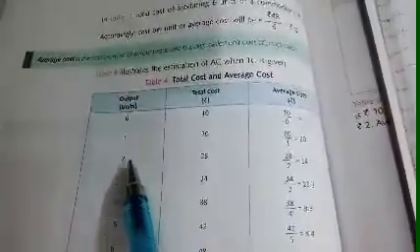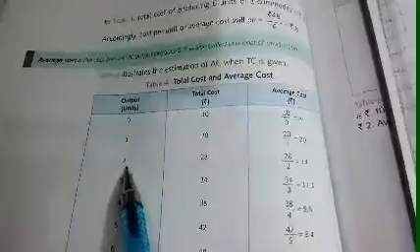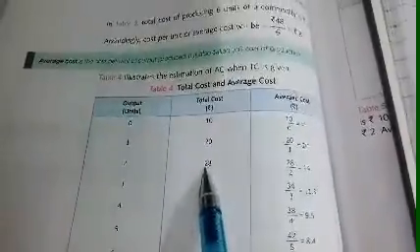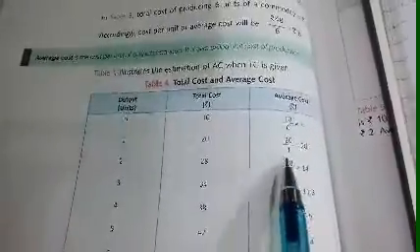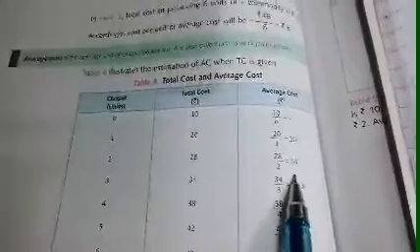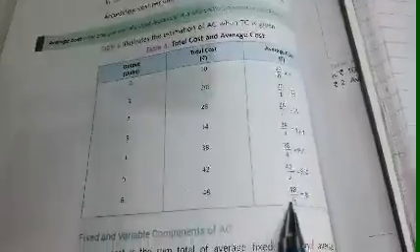Further, if output is 2 units and total cost is 28, then 28 divided by 2 we get 14. Similarly we calculate all as per the quantity and total cost given. We can very easily calculate the average cost.